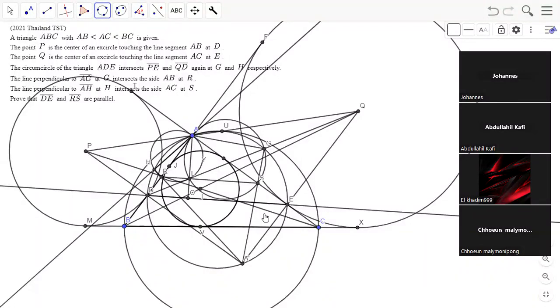Let's think about that. If we define L to be the foot of the altitude, we have angle HLR, HAR is HAB. No, HLR is HAR is HAD is HED.